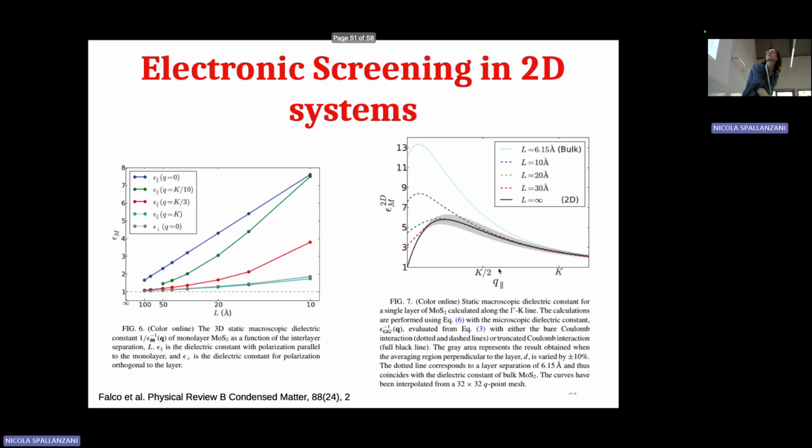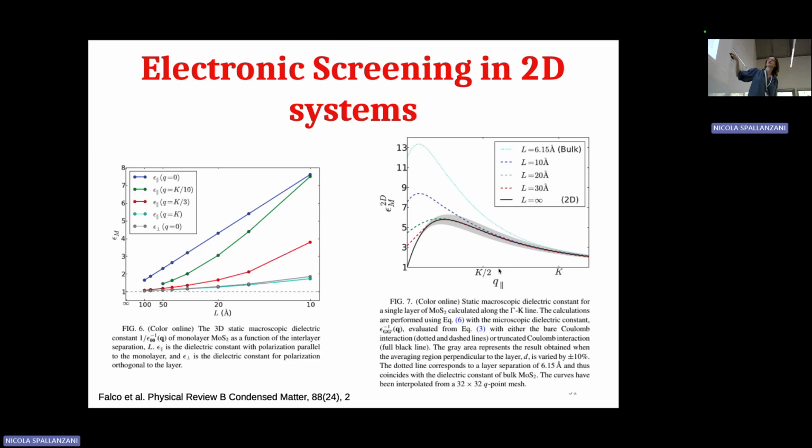I don't know if I have time, but I just wanted to show the case of the electronic screening in 2D systems, which is published in this paper.